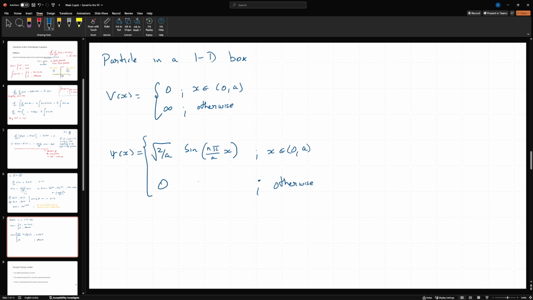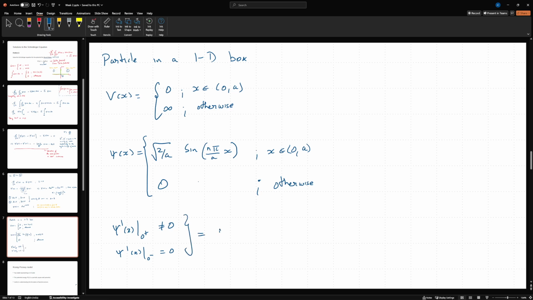Now if we look at the derivative of the wave function to the left and right of 0, this is going to be a constant times the cosine function, which at x equal to 0 will go to 1, which implies psi dash of x at 0 plus is not equal to 0. Whereas the wave function is 0 everywhere on the negative x-axis, which implies psi dash of x at 0 minus is always equal to 0.